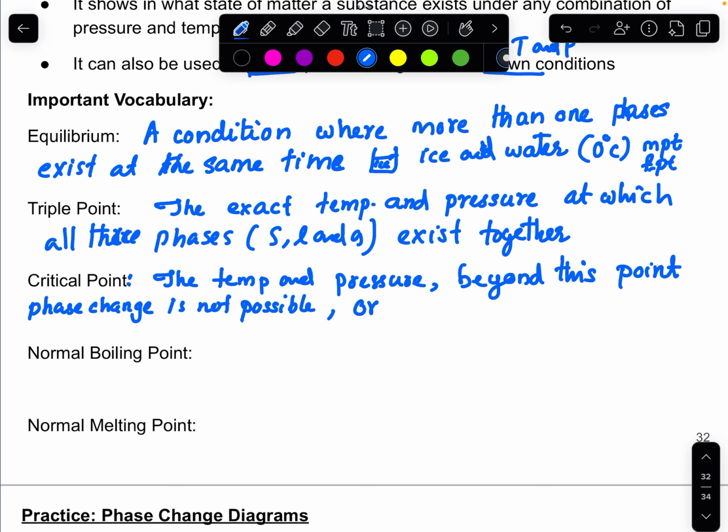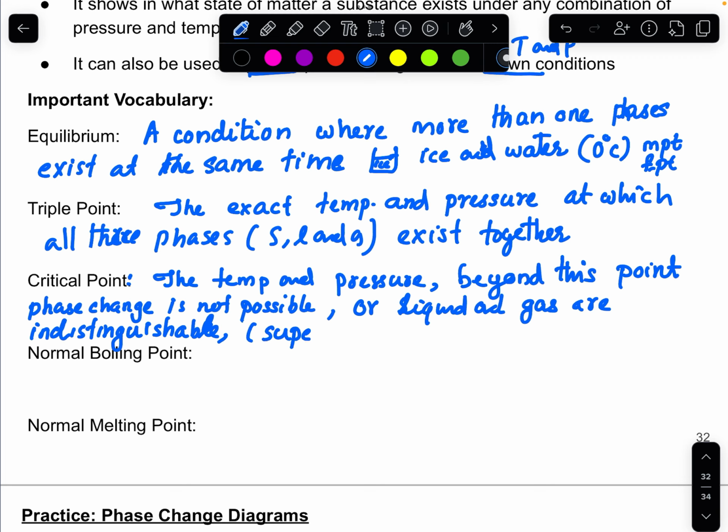Or we can say liquid and gas are indistinguishable there. We can't say based on the property whether it is a liquid or whether it is a gas. It will act like a supercritical fluid.